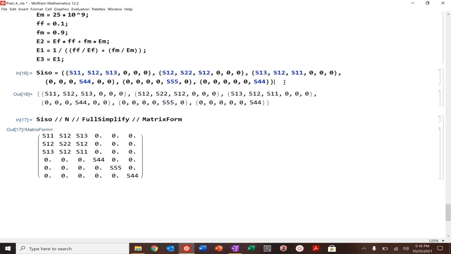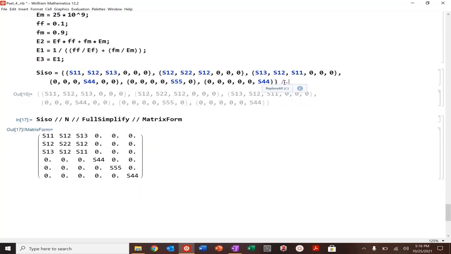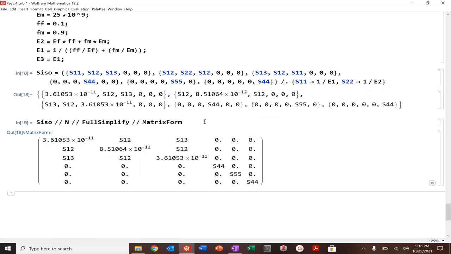So I'm going to also set slash dot S11 goes to 1 divided by E1, and S22 goes to 1 divided by E2. There. All right, so now I'm starting to click with this.